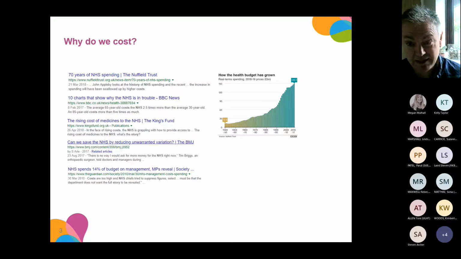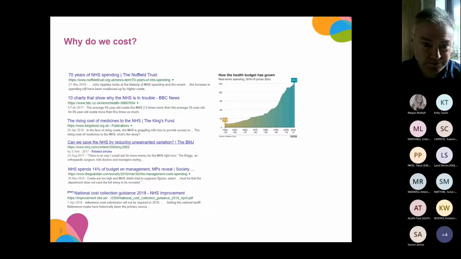The big one at the moment is how much we're spending on health inequalities and health promotion, and how can we reduce patients coming into hospitals by spending more in the social care sector or in primary care. So it's about where the cost is actually being spent as well, not just how much it costs.